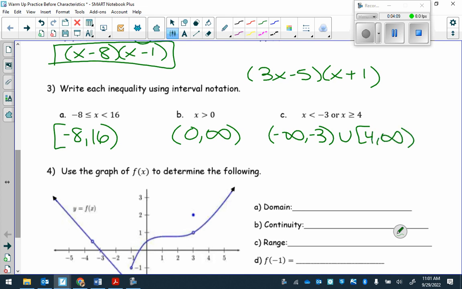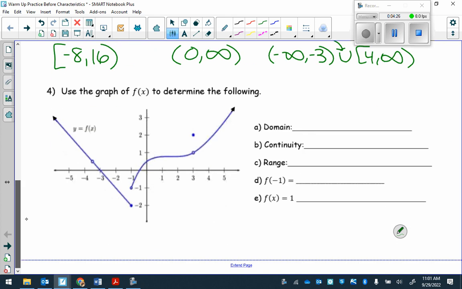Great job. Okay, so remember the or is that U, where the interval is continuing. Okay, so there might have been a break in the graph, whatever it might be. -infinity, -3 with parentheses, U, 4 with a bracket, to infinity. Excellent.